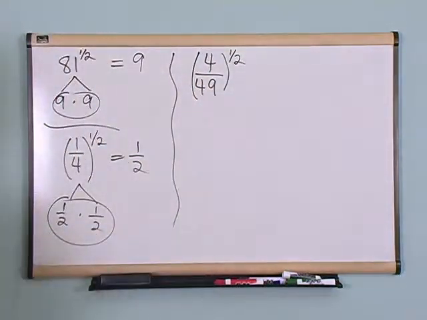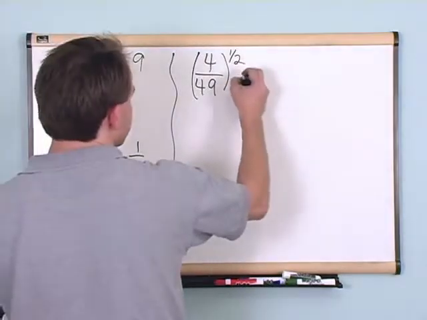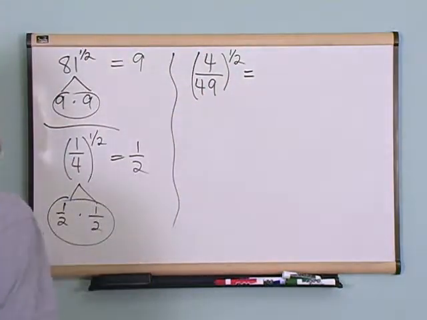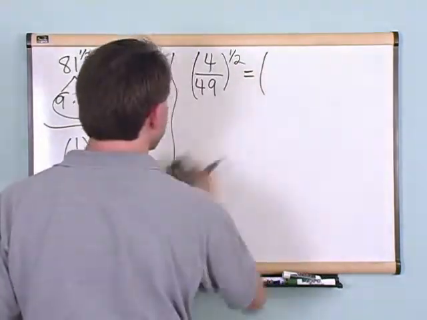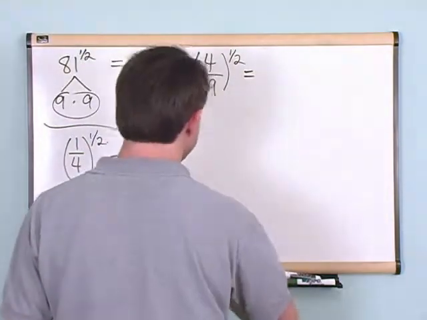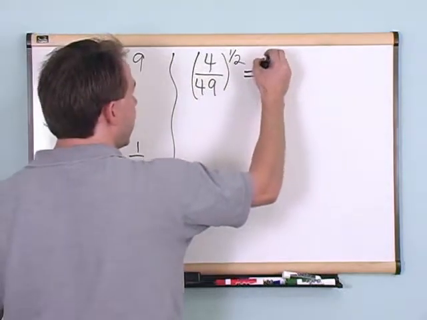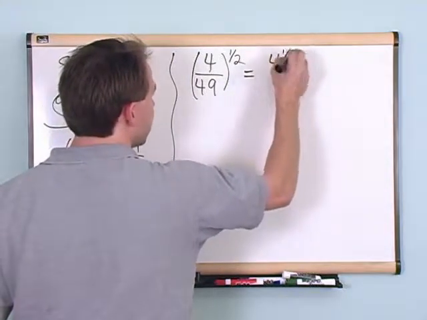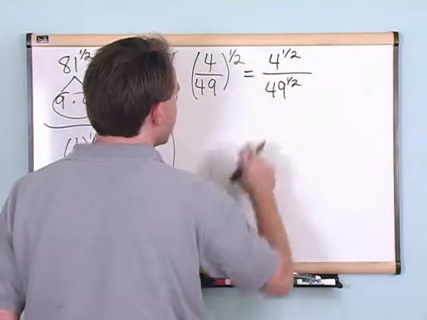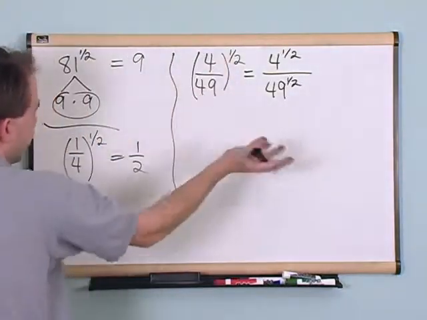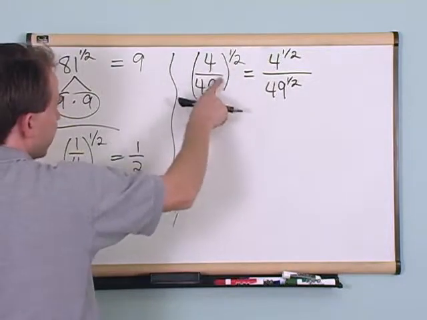Again, I'm just taking the square root, and just to break things up a little bit, if you recall how you deal with exponents, this is the same thing as 4 to the 1/2 up on top over 49 to the 1/2 on the bottom. Anytime you have an exponent applied to a fraction, you can apply the exponent to the top and to the bottom separately.